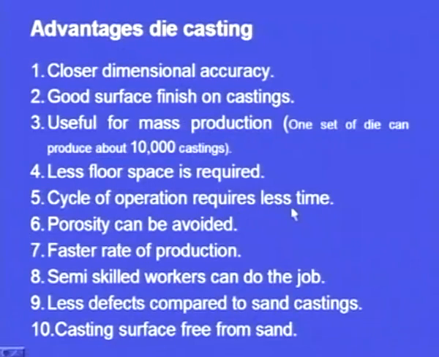But here in the case of the die casting, the cycle of operation requires less time. So, this is another advantage. Because of this, the rate of production will be very high. In the case of the green sand moulding, the green sand means the presence of the moisture. Because of the presence of the moisture, there will be some defects.